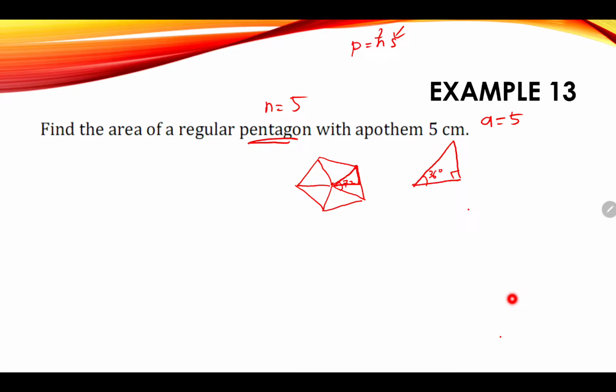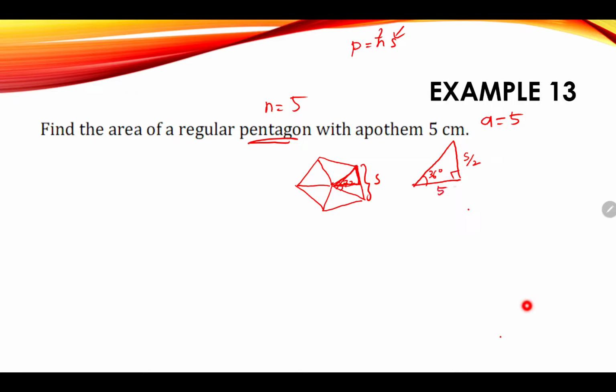Dan kita nak cari apa sebenarnya? Nak cari S. Okay, side. Okay, tapi kalau saya dah keluarkan right angle triangle kat sini, panjang dia adalah S per 2 lah kat sini. Okay. Kat sini adalah apothem dia.